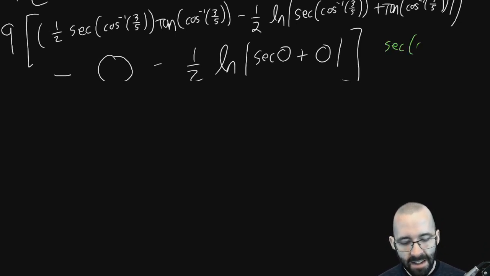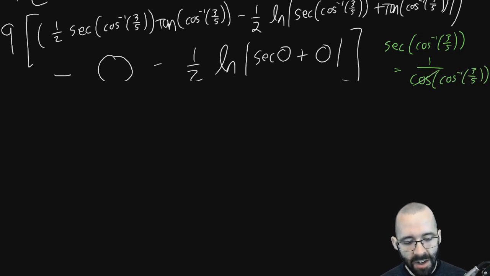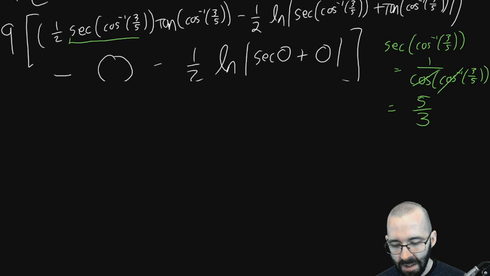Secant of inverse cosine of 3/5, well, secant is 1 over cosine, and these are inverse functions, so they cancel each other out. What's the reciprocal of 3/5? 5/3. This one's not bad, it's just 5/3, and it's 5/3 here as well. We do still need tangent, though.